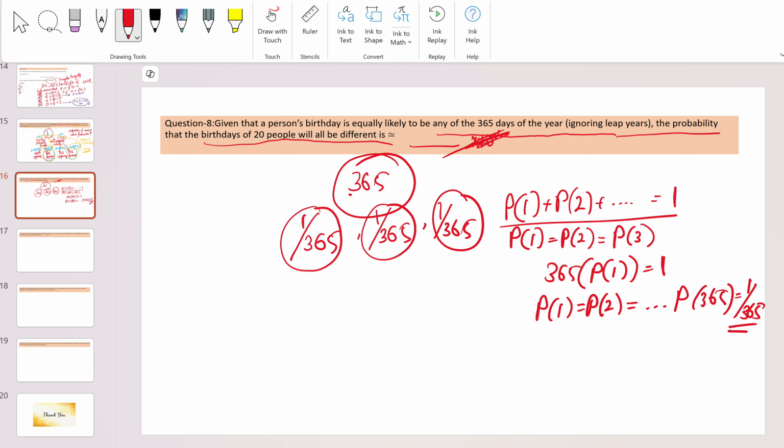Okay. So it is saying that 20 people have different birthdays.